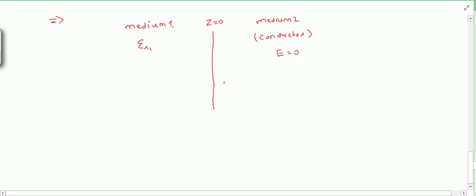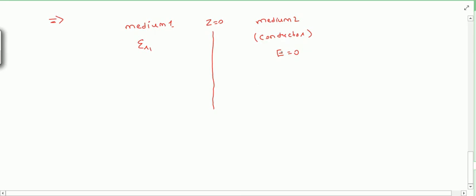All the charge on the conductor will be present on the surface of the conductor. There cannot be any charge inside a conductor. All the charge will be spread over the surface.